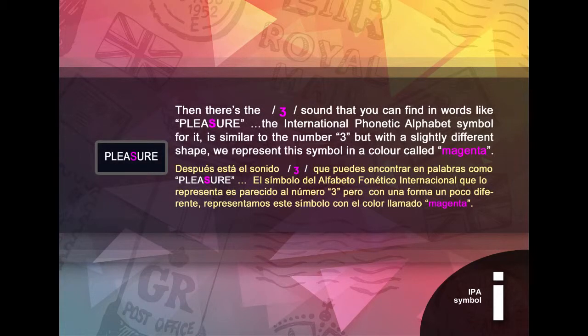Then there's the zh sound that you can find in words like pleasure. The International Phonetic Alphabet symbol for it is similar to the number 3, but with a slightly different shape. We represent this symbol in a color called magenta.